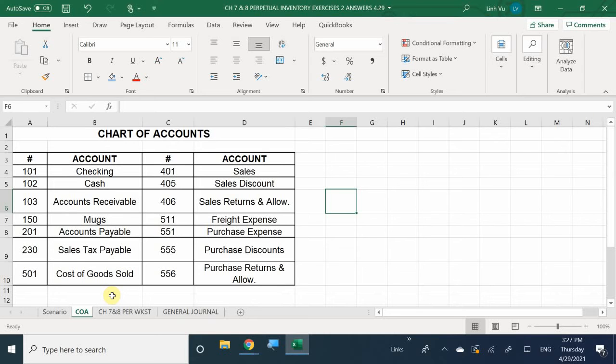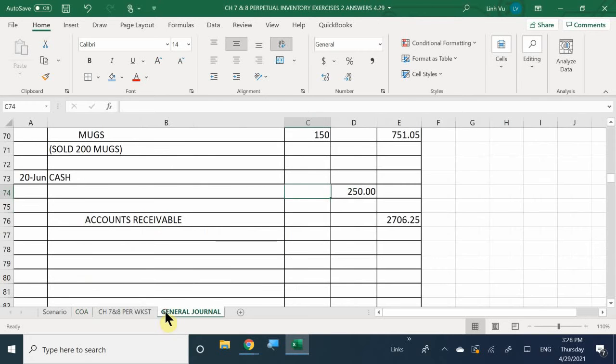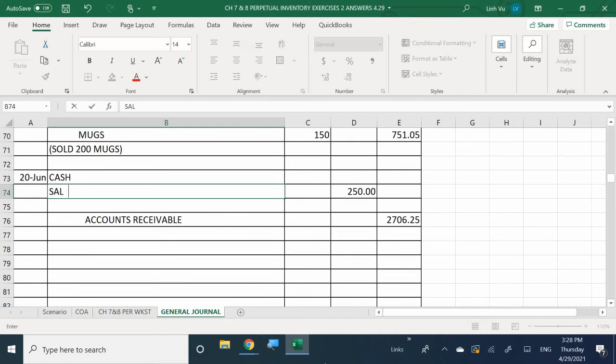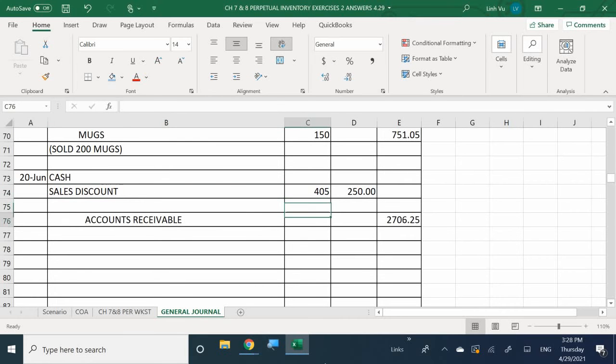So did we purchase from our customer, or did we sell to our customer? 405 sales discount. Good. Because it's a customer, they are going to receive a sales discount. Okay, 405. Accounts receivable is 103 and 102 for the cash.